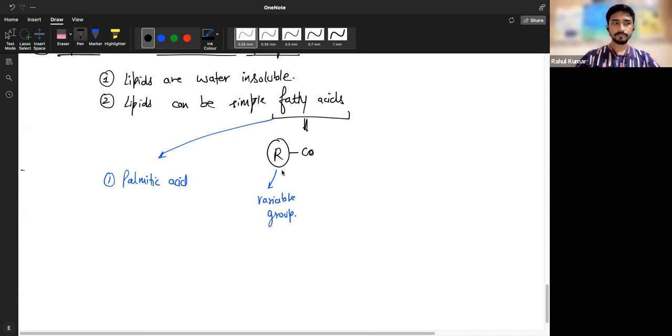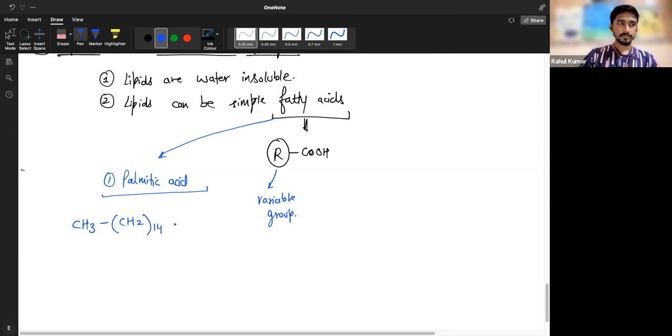Write down COOH. It's fine. This palmitic acid is CH3 followed by a long chain of CH2, which is repeated 14 times, and then COOH.